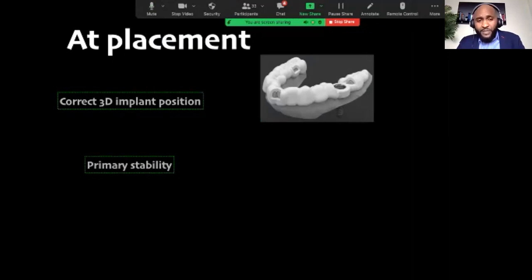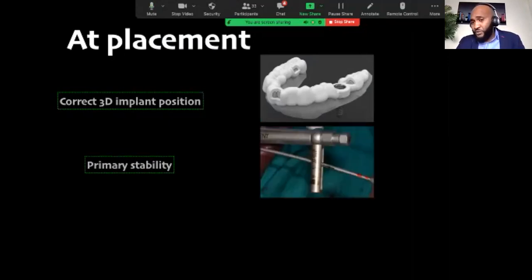When you're still placing, it's important that you attain good primary stability, because osseointegration is dependent on achieving good primary stability. And when you place your implant, you have at least an insertion torque. You can at least use that as an indication of having attained primary stability.